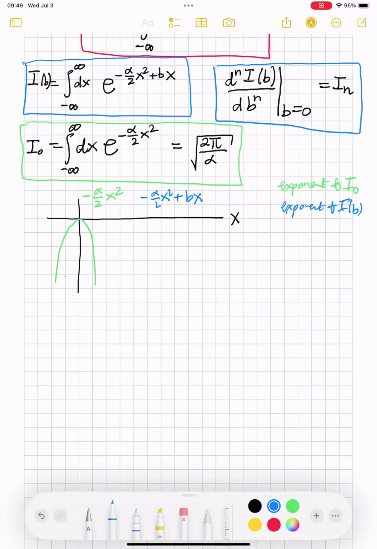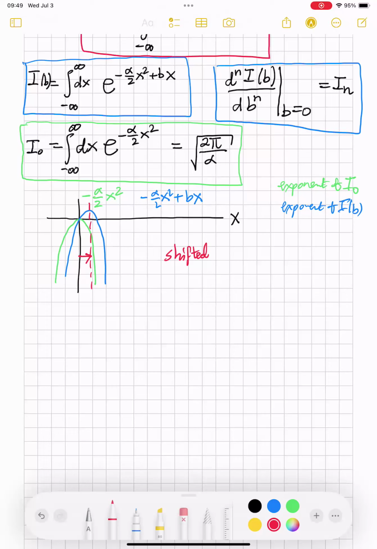And what it looks like, it also looks like a parabola, but it's been slightly shifted. So there's two things that have happened. We have shifted the green parabola to get the blue one. Okay, so here's some line. That's where the maximum is. And we've shifted. Okay, the green parabola's maximum is on this black axis.